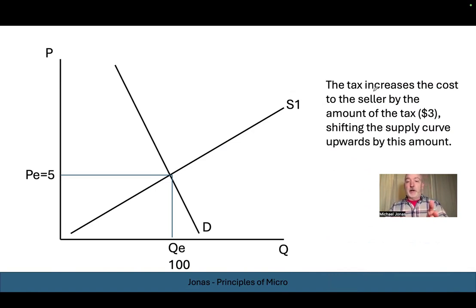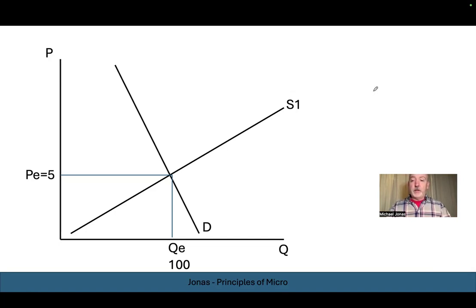And the original supply curve represents the cost in terms of natural resources, labor, capital, etc., the physical production of the product. And then we're adding on top of that the government holding their hand out saying, you got to give me $3 on top of that.